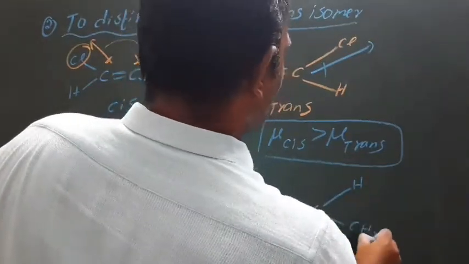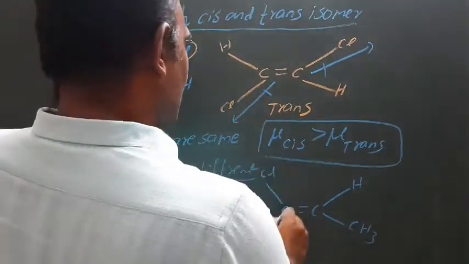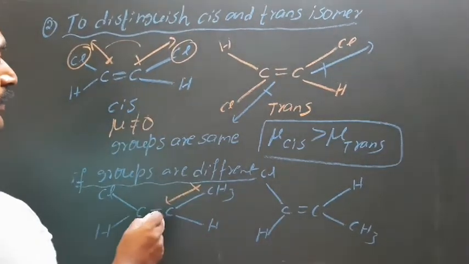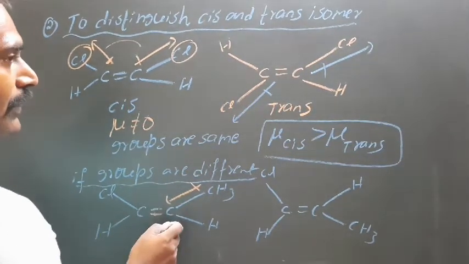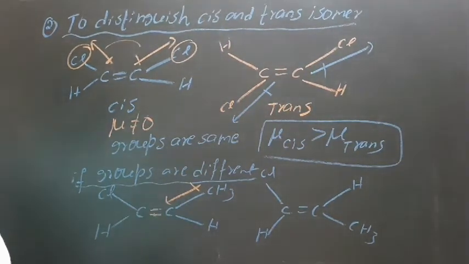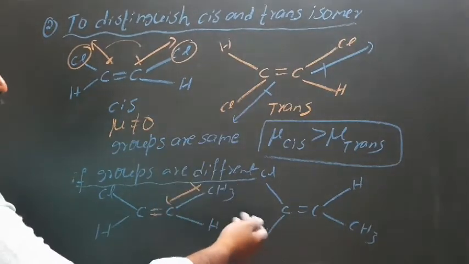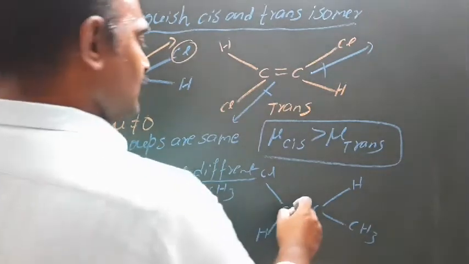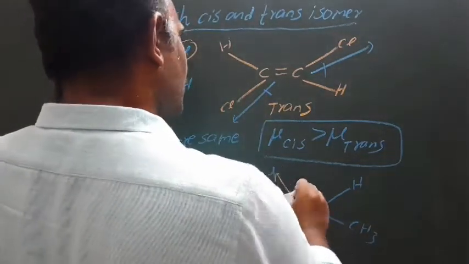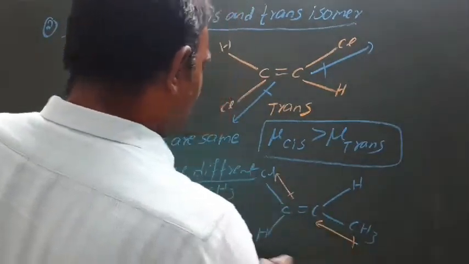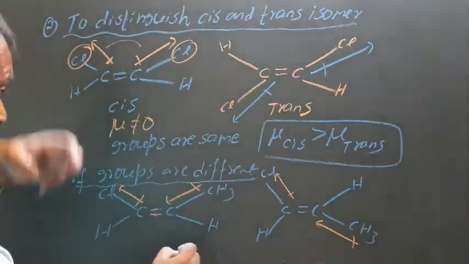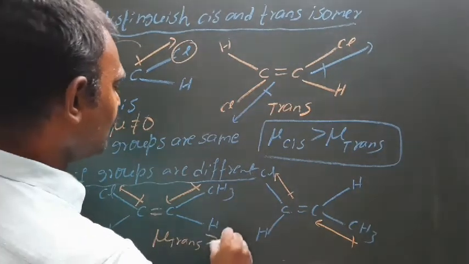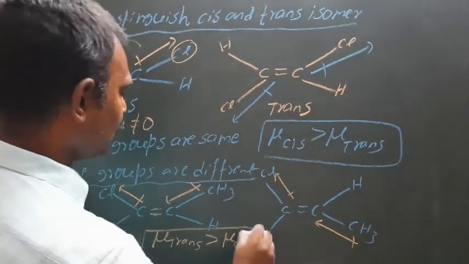Now find out the bond moment towards the double bond carbon, because as the s character increases, the electronegativity of the carbon increases, so it can pull the electrons from the other group. Then here the bond moment is towards the chlorine, and the bond moment is also towards the carbon. In this case the groups are different, and the dipole moment of the trans isomer is greater than the dipole moment of the cis isomer.